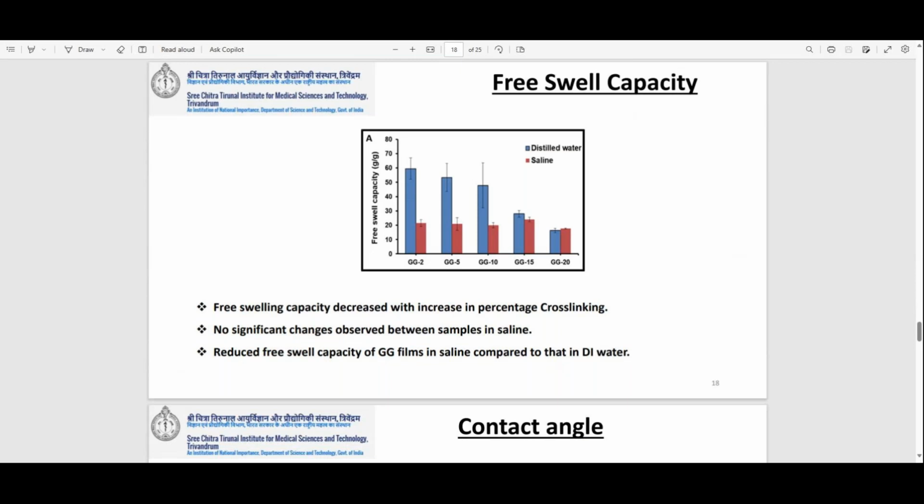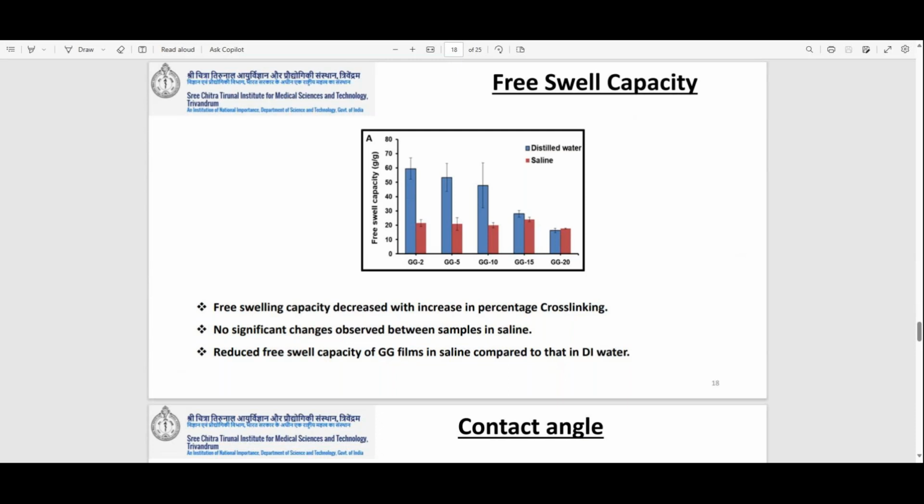So we can see that the free swelling capacity decreases with the increase in percentage cross-linking. Here it is the free swelling capacity with respect to increasing cross-linking. We used aluminum ammonium sulfate as a cross-linking agent, where ionic cross-linking is happening, and we used 2 weight percent, 5 weight percent, 10 weight percent, 15 and 20 weight percent aluminum ammonium sulfate as a cross-linker to see how it behaves.